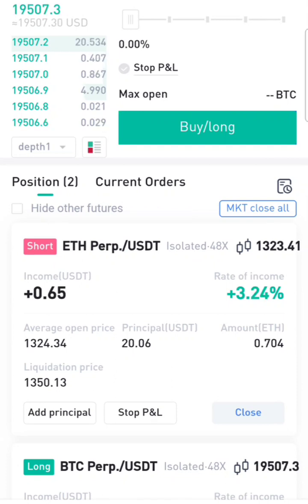That $1 has been added back to my balance, and remember, the position size has also reduced. So I have reduced the amount I use in opening the trade, and I have also reduced the principal USDT I use in opening the trade. So I am well safe now.